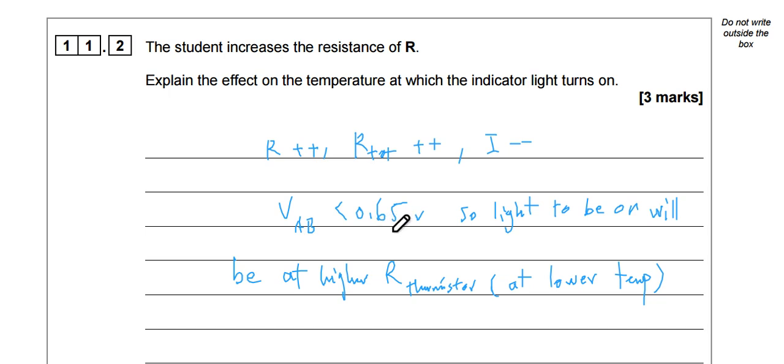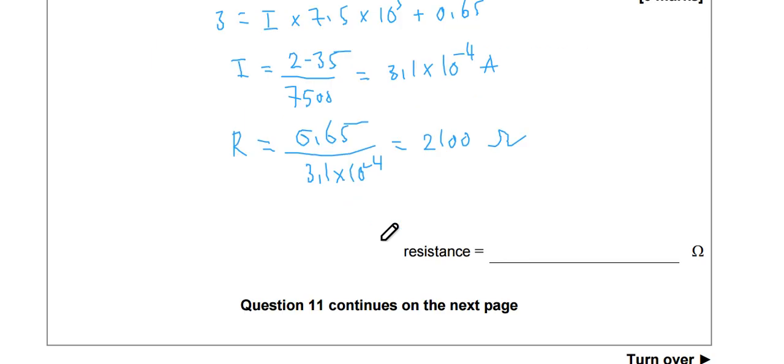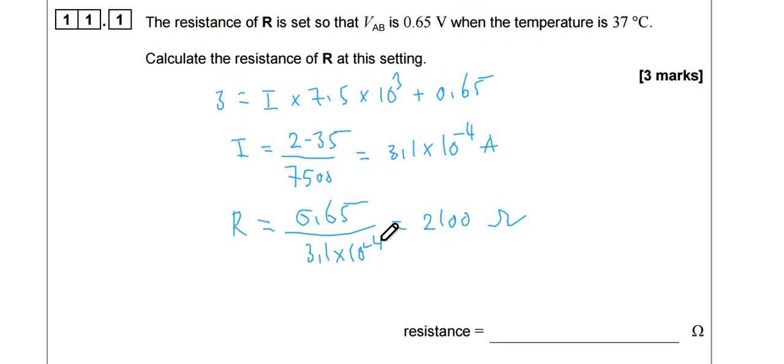Remember that this is the value at 37 degrees Celsius, because the current was 3.1 times 10 to the minus 4 ampere when the variable resistance was 2100.